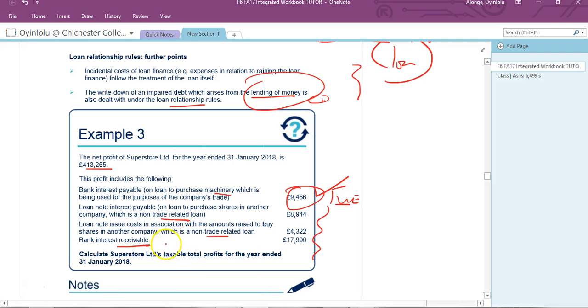You're not trading, you just have a bank account and you receive bank interest. So all this has to come out of your trading and go into the interest income bracket, and you deal with it there. The key point is these three things have to come out and be in their own separate bracket. They will still get taxed, but they just won't be in the same bracket as trading income.